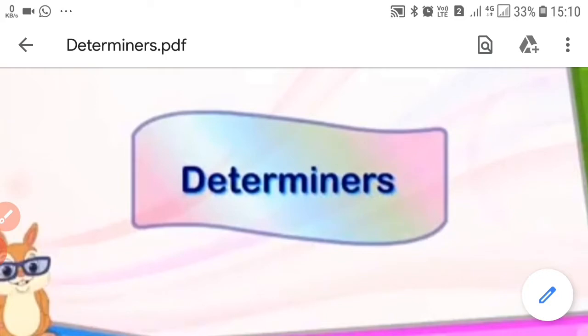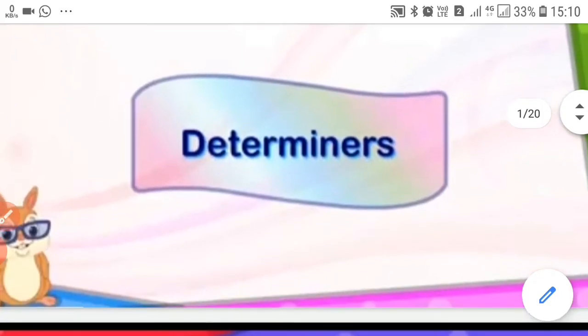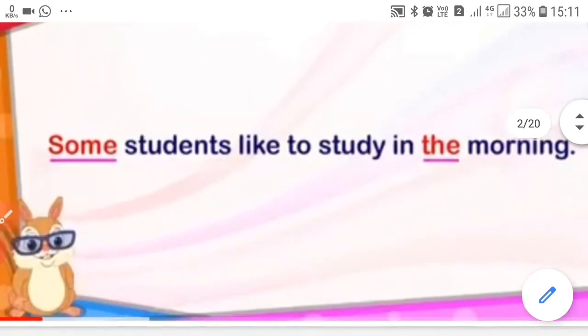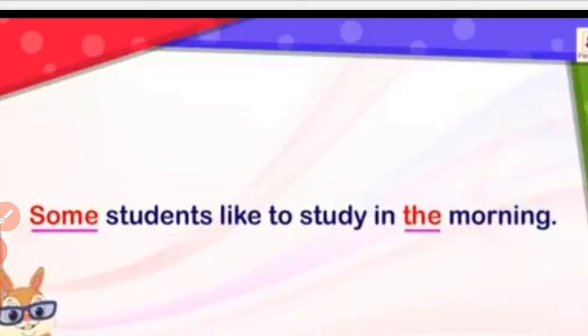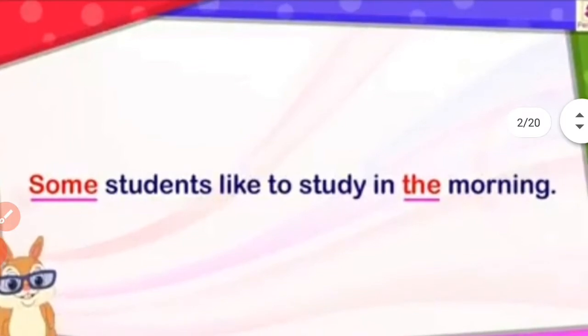So determiners. See, determiners are the words which, in a simple way, you can say have been derived from the word determine. We will start this explanation through an example.